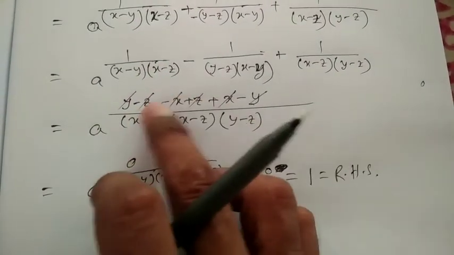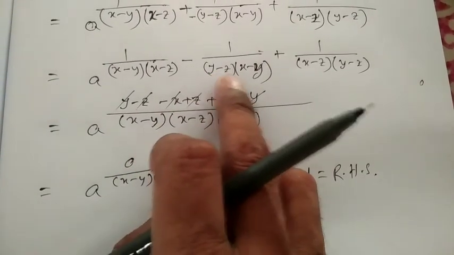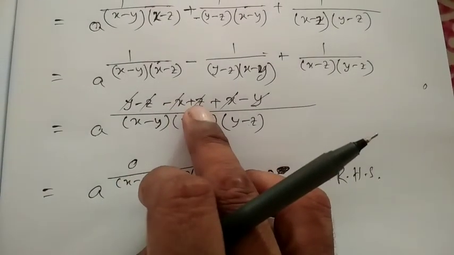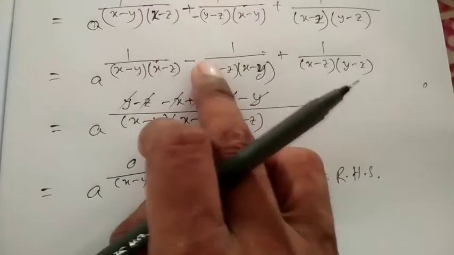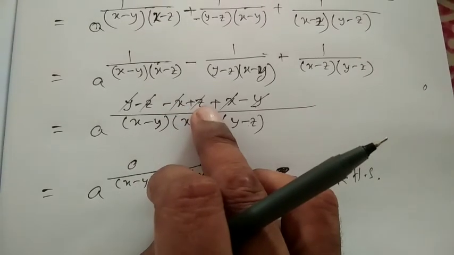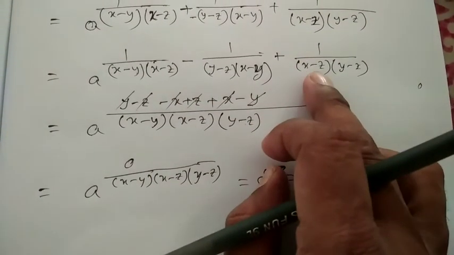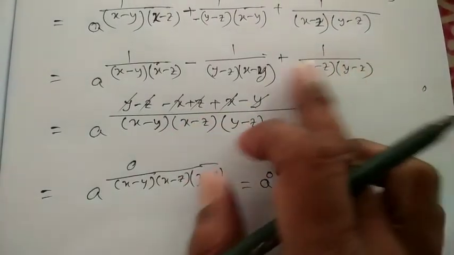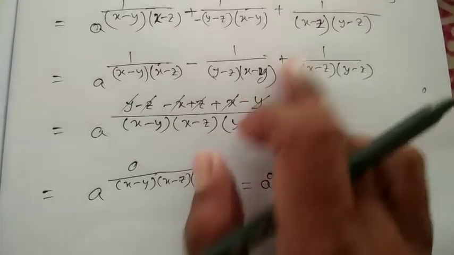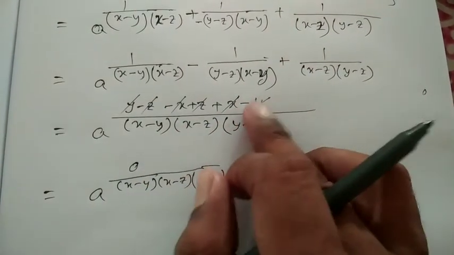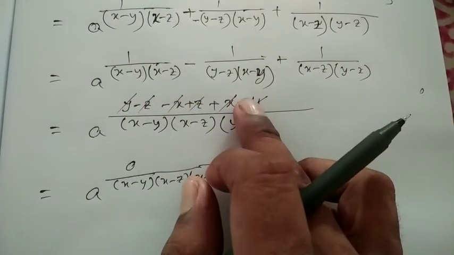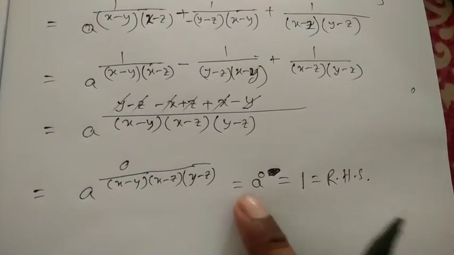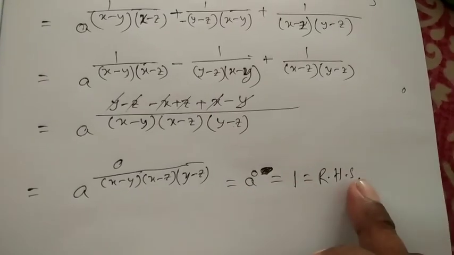So y minus z here, and y minus z, x minus y cancelled, and x minus z, but here minus sign, that's why x minus x plus z, and here x minus z and y minus z, x minus z and y minus z cancel, and that's why x minus z, so x minus y. So all are cancelled. There is 0 by these factors. So it is a to the power 0 is equal to 1, which is equal to the right hand side.